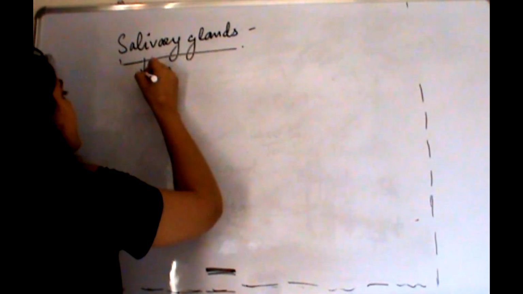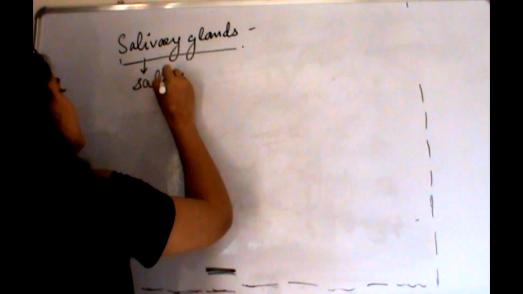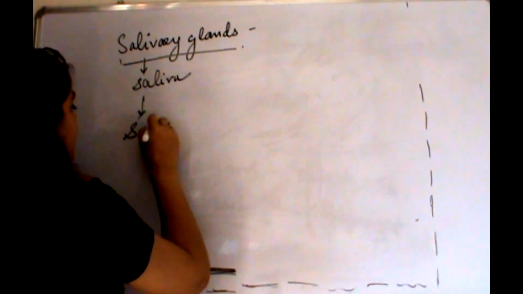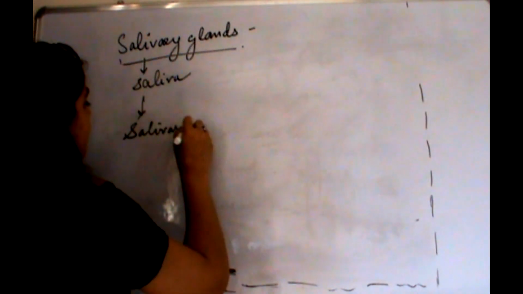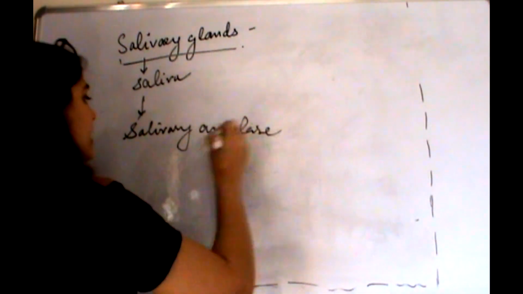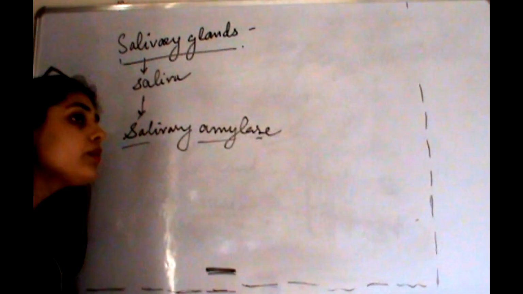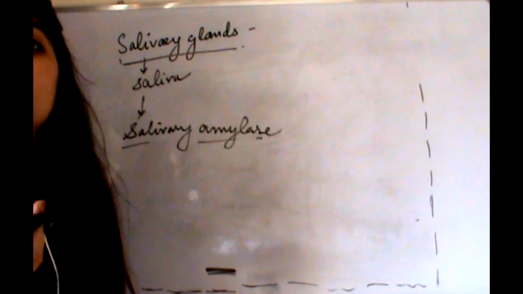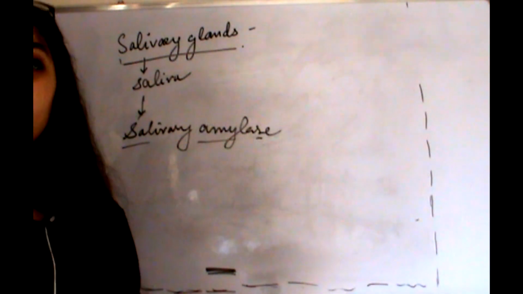It has salivary amylase. So salivary glands release saliva, and saliva in turn has salivary amylase. What is salivary amylase? It is an enzyme which acts upon starch. Starch is a very complex type of carbohydrate which I am talking about right now, right?